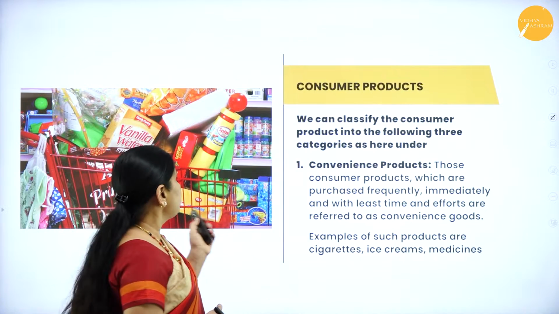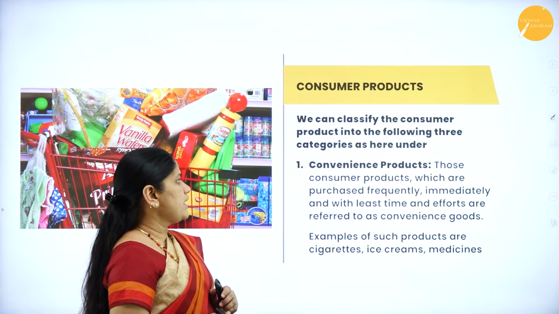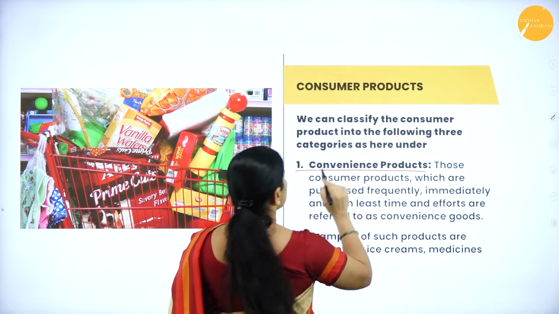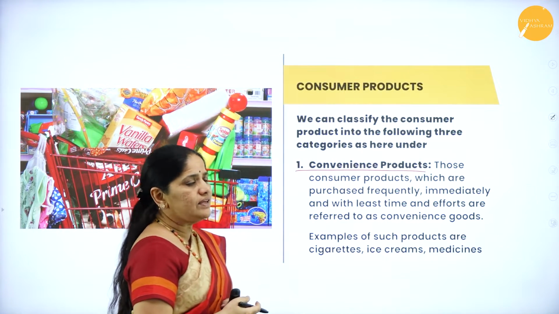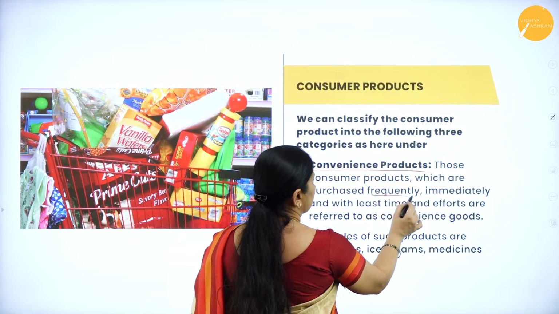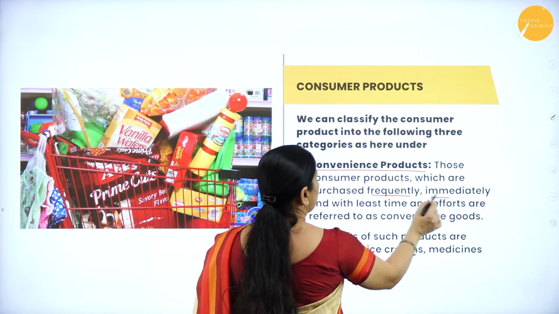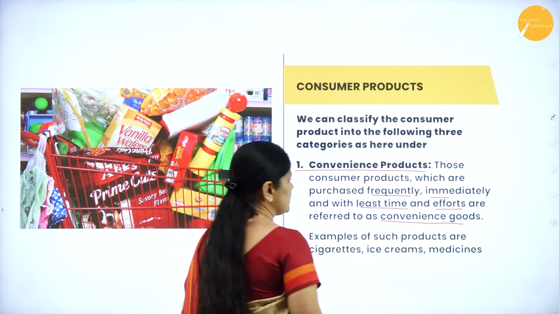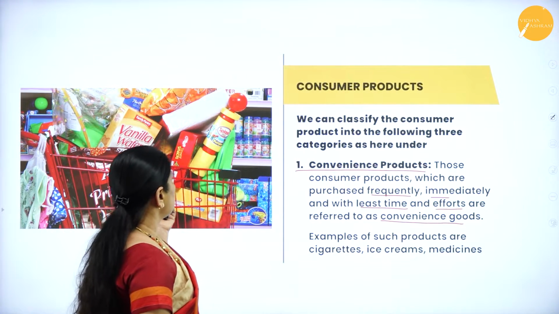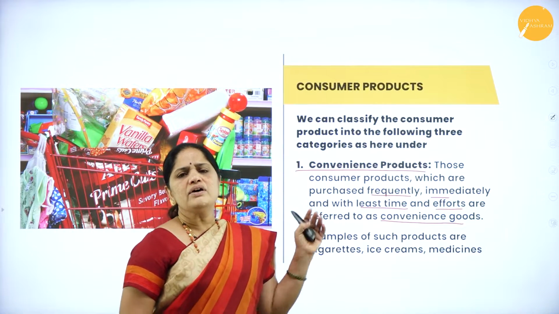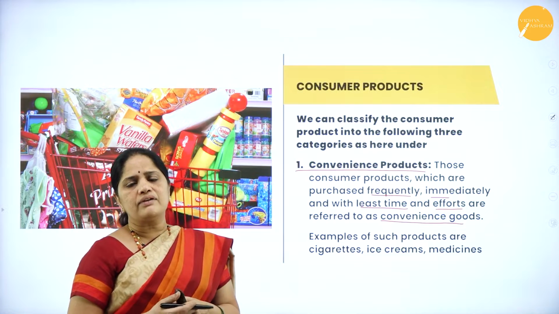Now, consumer products are further classified. The first one is convenience products. What do we mean by convenience products? These are consumer products which are purchased frequently, immediately, and with least time and effort. If you can see here, we have this packet of wafers, chips, etc. We don't give a lot of thinking to it.